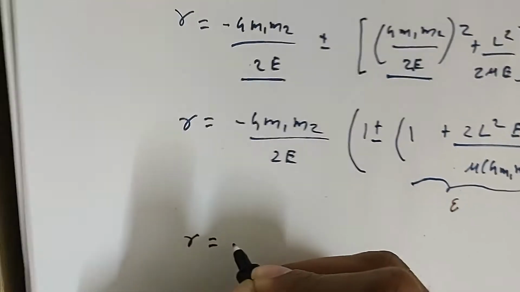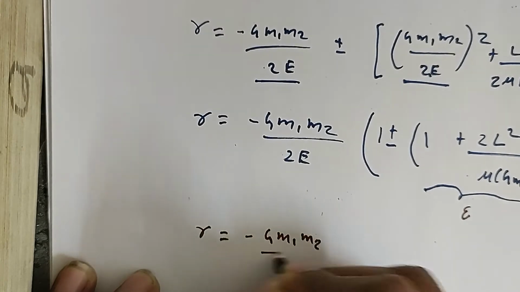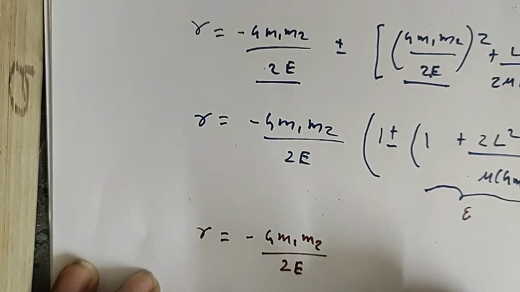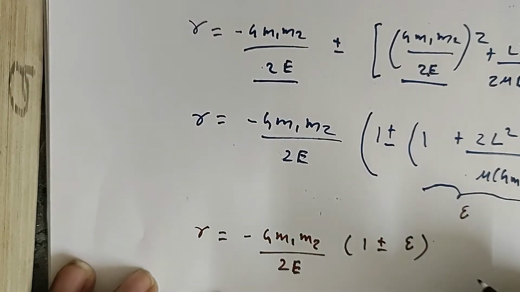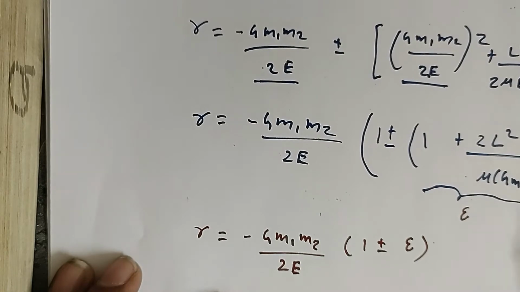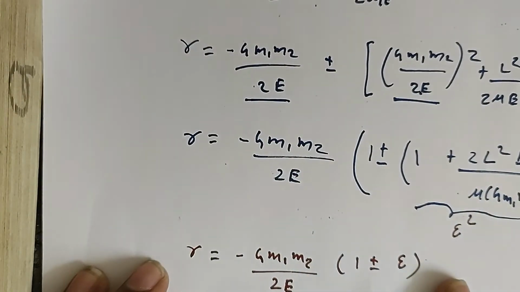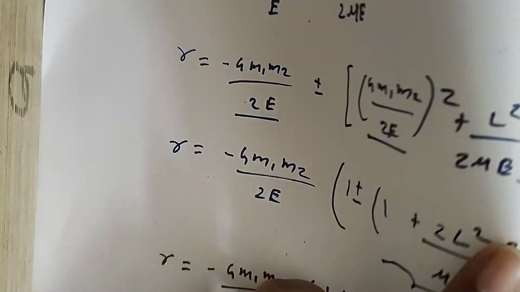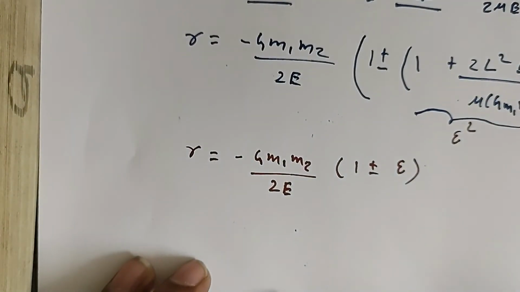So I define my R to be equal to minus G m1 m2 upon 2 times energy, 1 plus minus epsilon. Oh, sorry, this is epsilon square. Yes, exactly, because there is a square. This is epsilon square, and the square and the square root term cancel, and we are left with only epsilon.